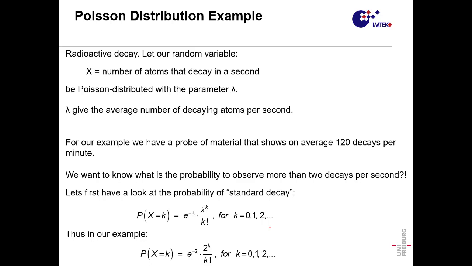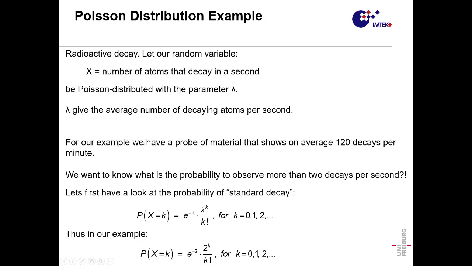The problem is it decays really slowly, and the probability for this to reach some threshold of decay is very low. So you will have to measure many times to get an event where it has decayed, right? So it's a typical example of a Poisson distribution.